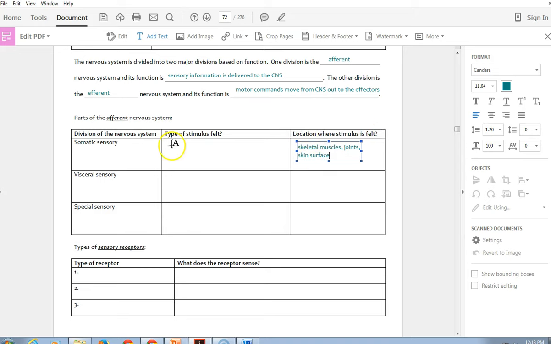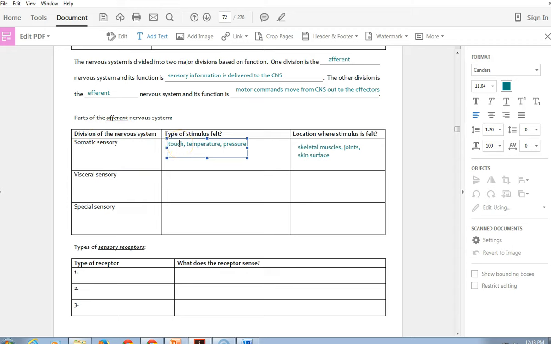Well, let's talk about the skin. What types of stimulus come from the skin? Well, touch, temperature, pressure. These are some. Now this is a point where students often get a little bit confused, because with skeletal muscles you usually think of the motor side, what they're doing, they're contracting. But that's not what we're talking about here. Here we're talking about sensory. So what things do our skeletal muscles sense?